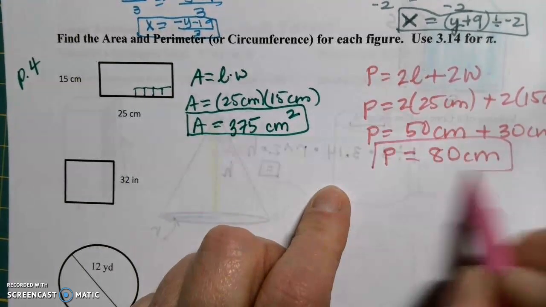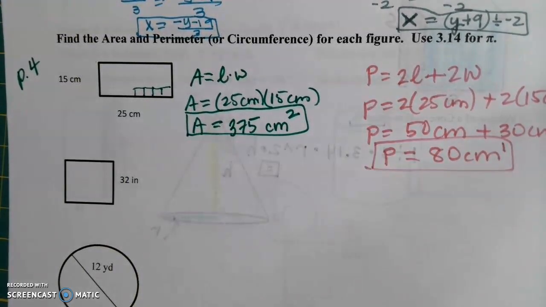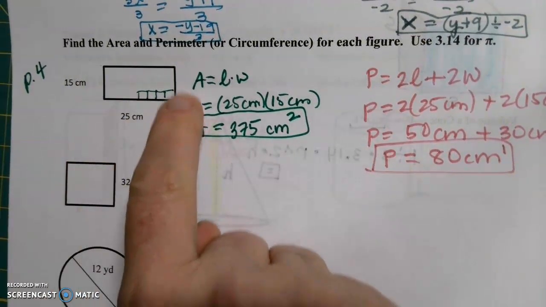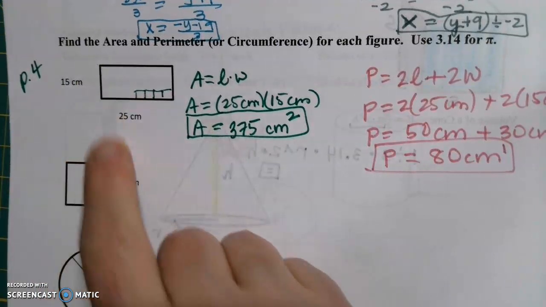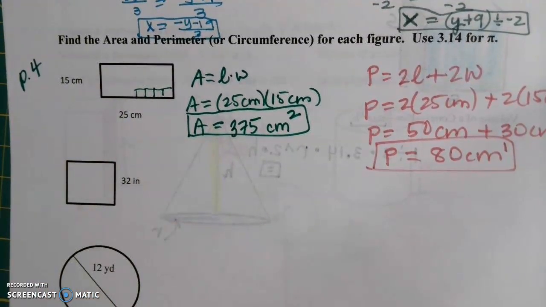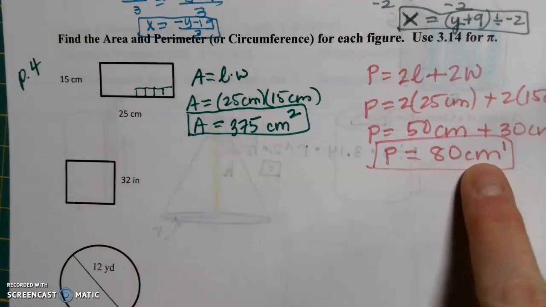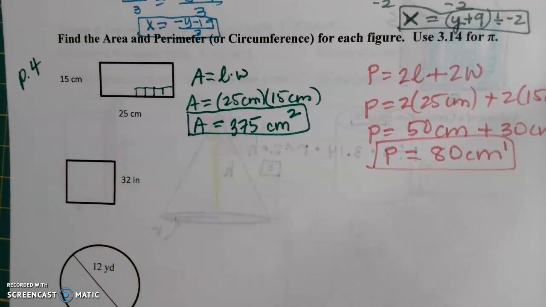And that's just going to be centimeters with a 1 as that exponent there, because we're just figuring out how far around is it. We're walking around. When you're measuring distances, we are looking at just plain old units, so centimeters in this case.